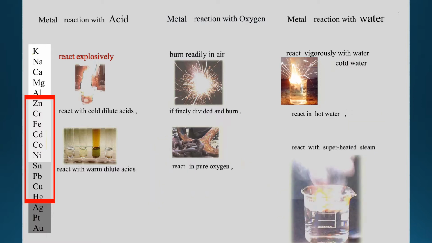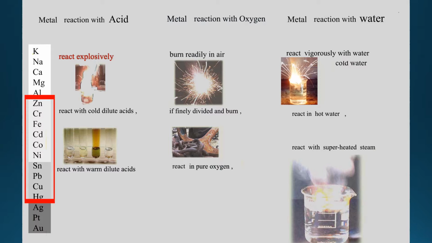The next question: does metal react with water? It depends on the temperature again. If it is very hot water or superheated steam. Look, when water goes above 100 degrees, it is no longer in a liquid state, it becomes steam.